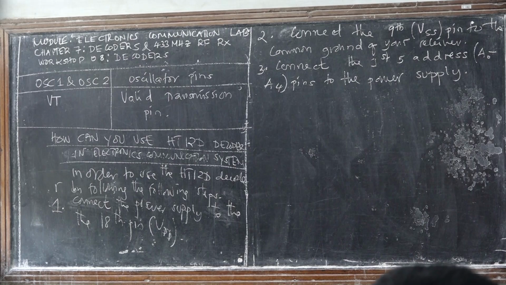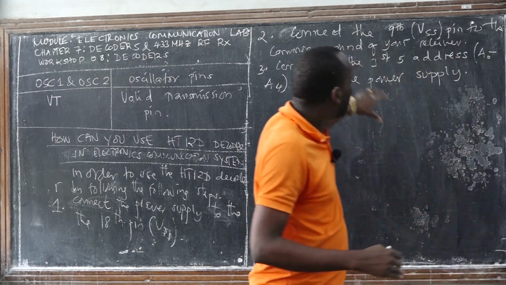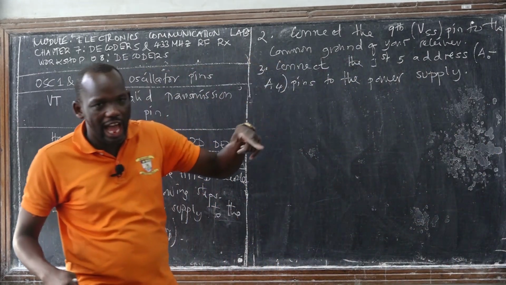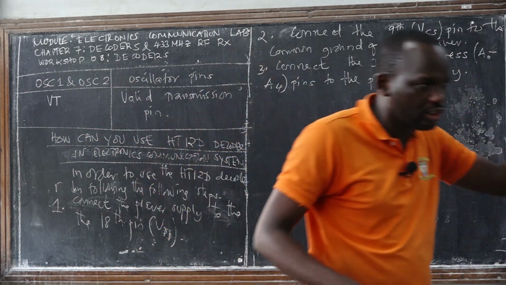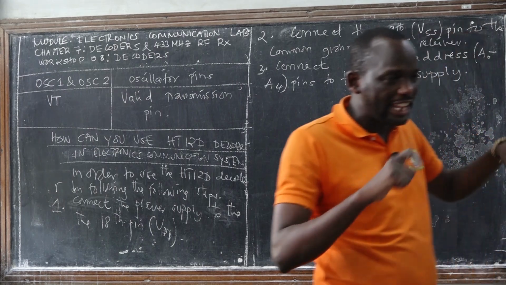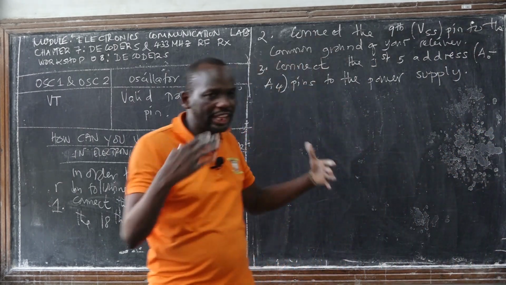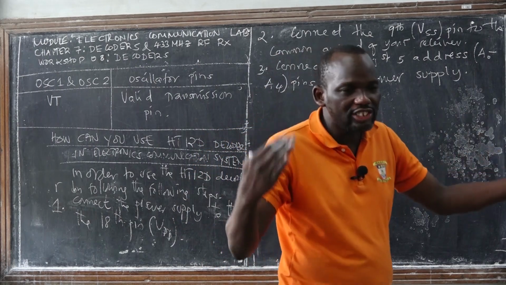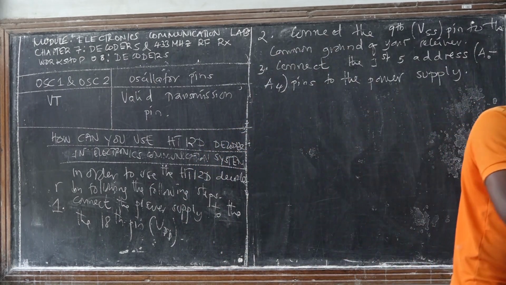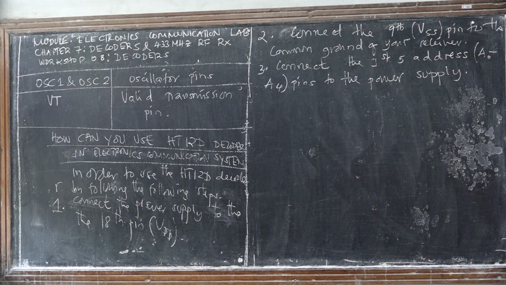Remember that I told you the HT12D decoder works in pair with the HT12E encoder. So even in its connection, 80% of how you connect the external peripherals might be the same. Yes, there are a few differences that you will see.